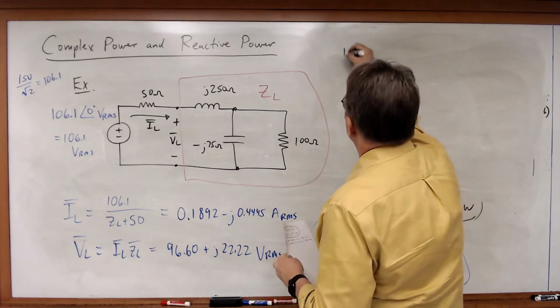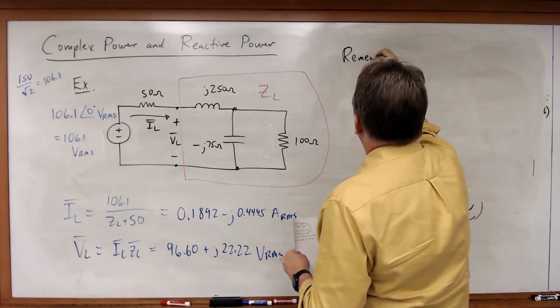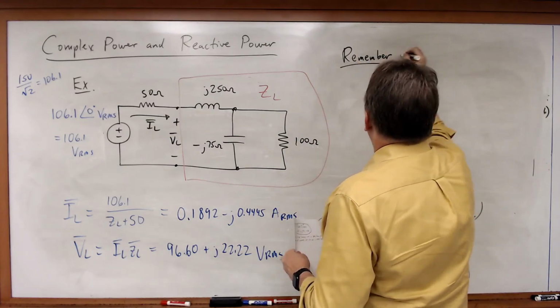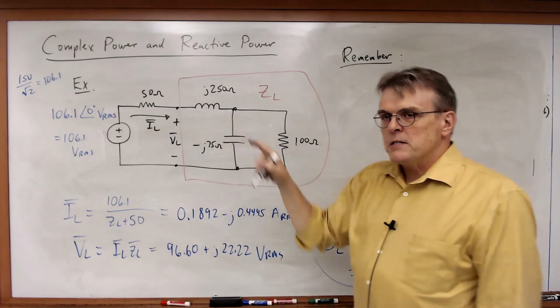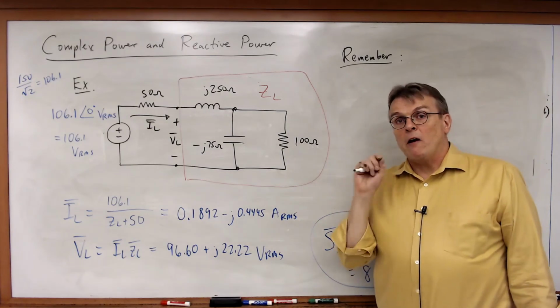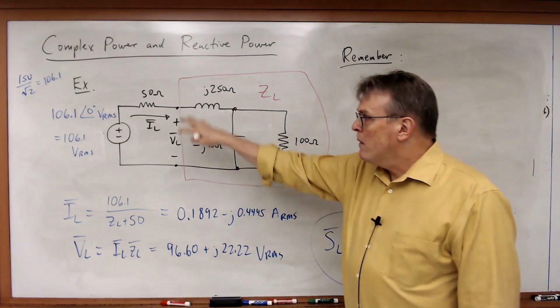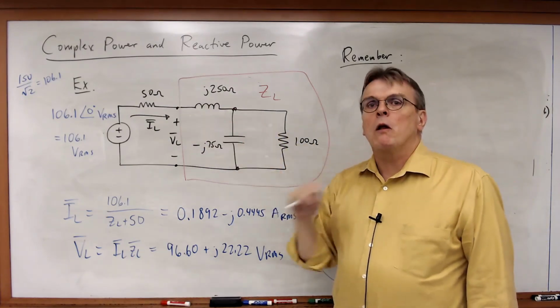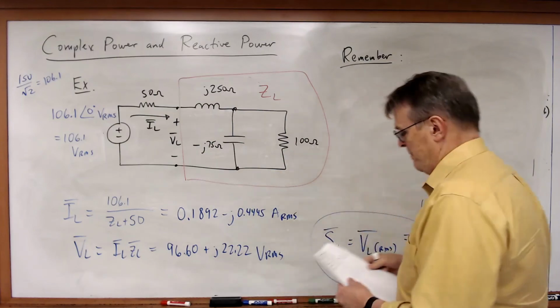Remember, if the independent sources in the circuit are specified in RMS form, all of the voltages and currents in the circuit will also be in RMS form.